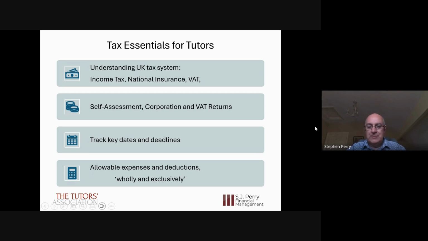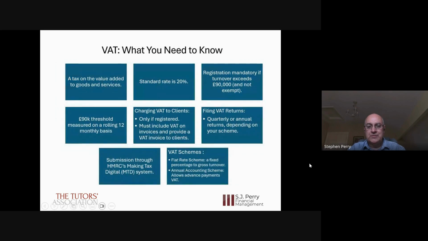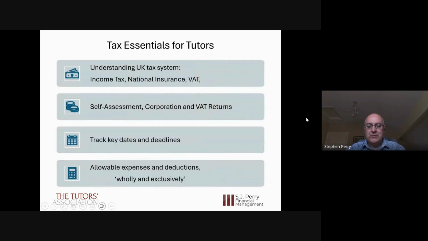In order to keep track of returns, key dates and deadlines are vital, and also an understanding of what's allowable and what isn't. The general principle, for those not aware of it, is defined in the legislation as wholly and exclusively. So if you're not sure if an item of expenditure is allowable for tax, the question is: is it wholly and exclusively for the purpose of the business?